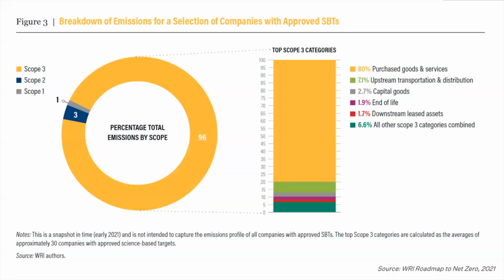So the right half of this graphic really shows that of that 96% in scope 3, 80% of that 96% can be on average attributed to purchased goods and services, which is basically saying that 80% of that 96% of companies' average greenhouse gas emissions can be attributed to the supply chain.